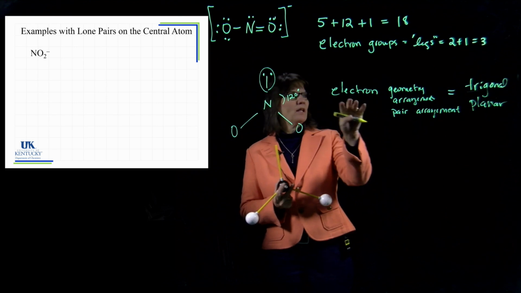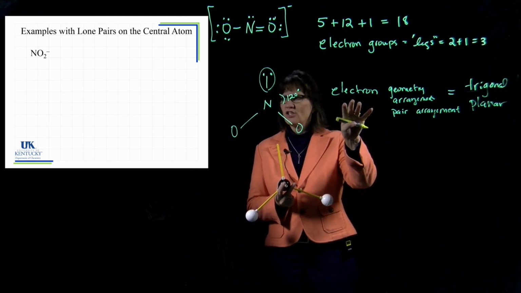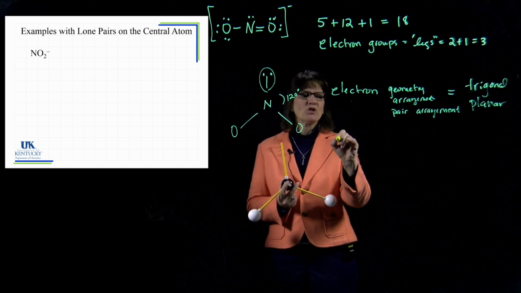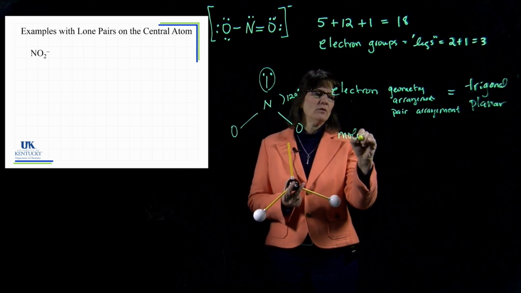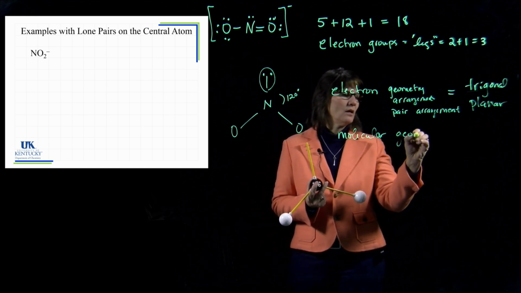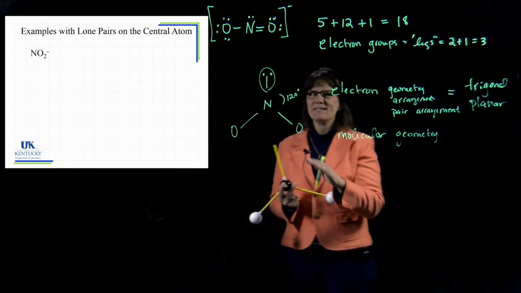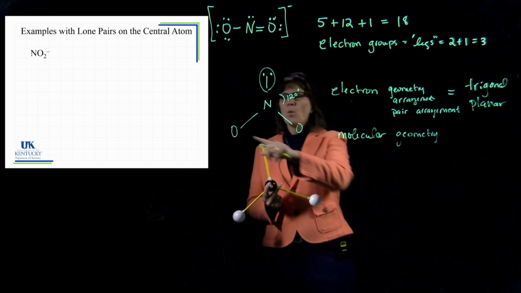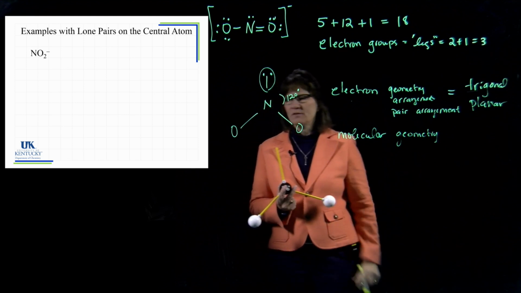The name of the electron arrangement, or the electron geometry, is called trigonal planar, but the name of the geometry changes. So the molecular geometry, sometimes we say, what is its shape? What is the molecular shape, molecular geometry? We only look at the atoms to define that.